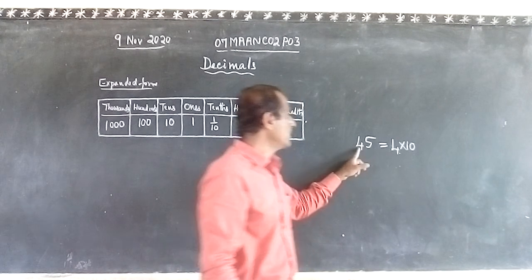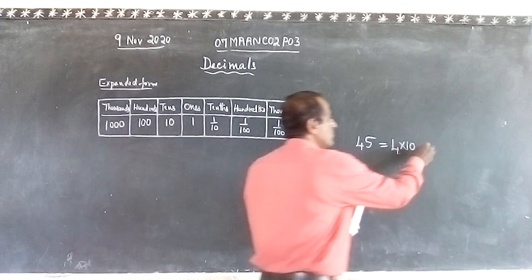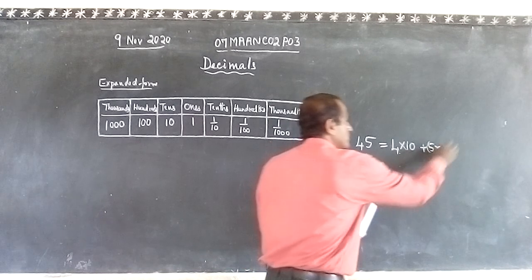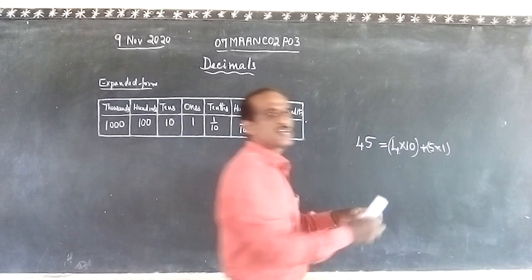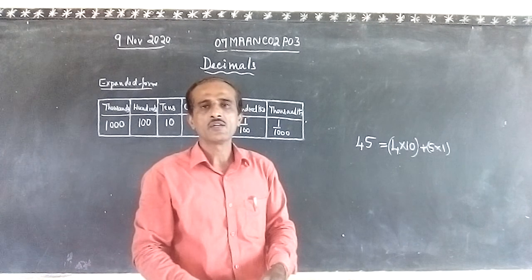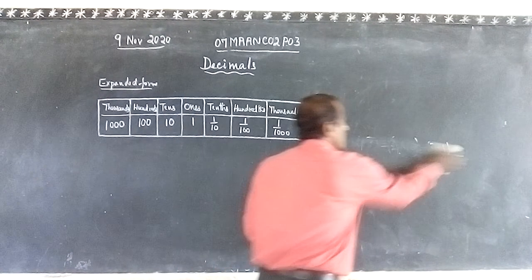So you have to multiply 4 by 10 plus 5 into 1. Because 5 is in the ones place and 4 is in the tens place. So this is the expanded form.